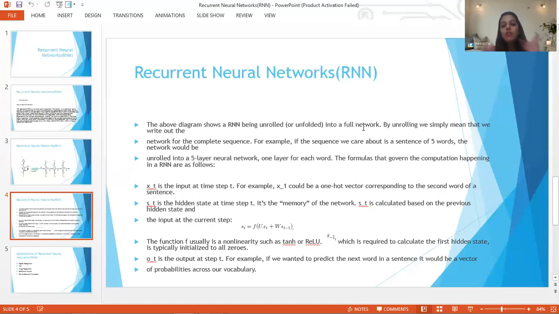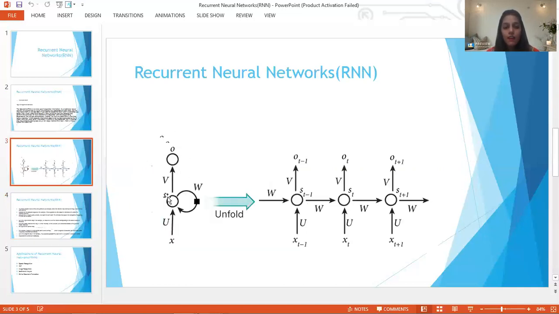The final one we can see is unrolled, and it gets the different previous outputs of each word. So this is the network for the complete sequence, or the statement.